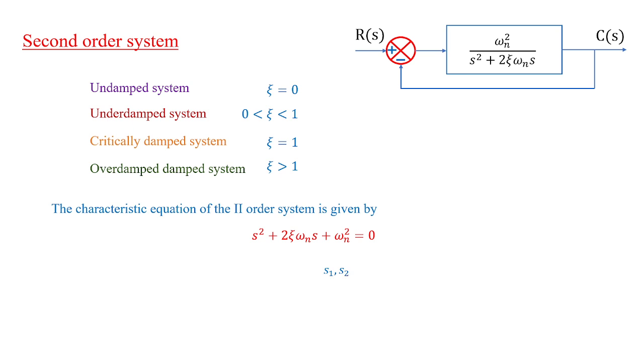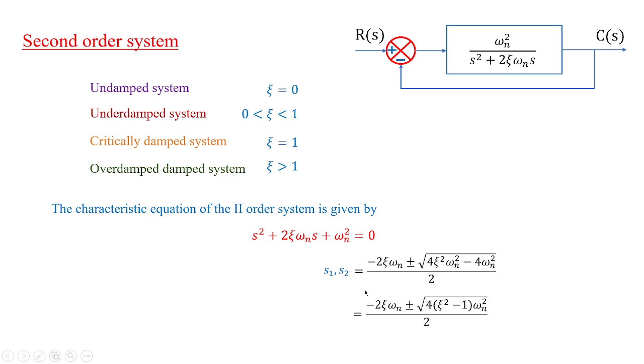So you can easily find out the roots for this characteristic equation represented by s1 and s2 by the formula minus b plus or minus under root of b square minus 4ac by 2a. Just substitute the values, and we can get the roots to be minus zeta omega n plus or minus omega n under root zeta square minus 1.